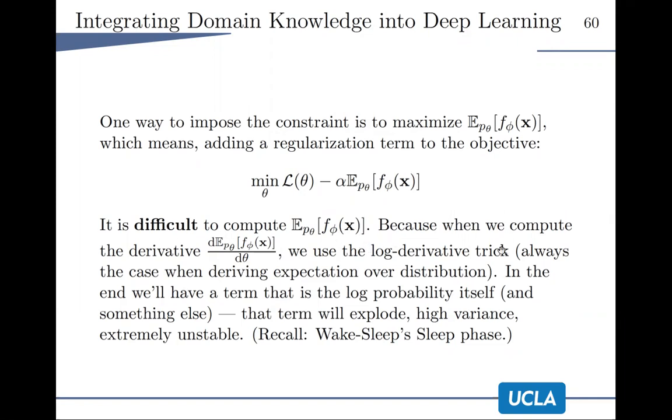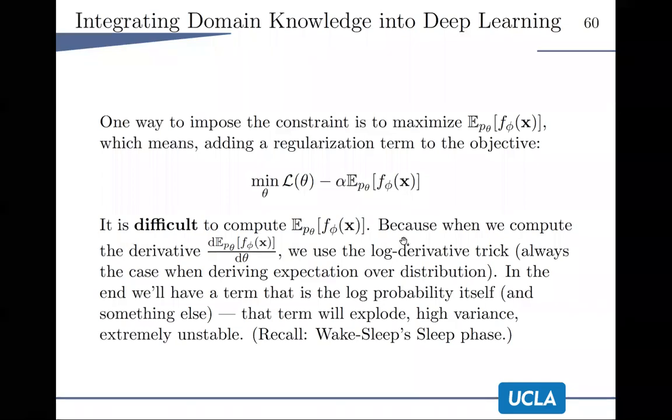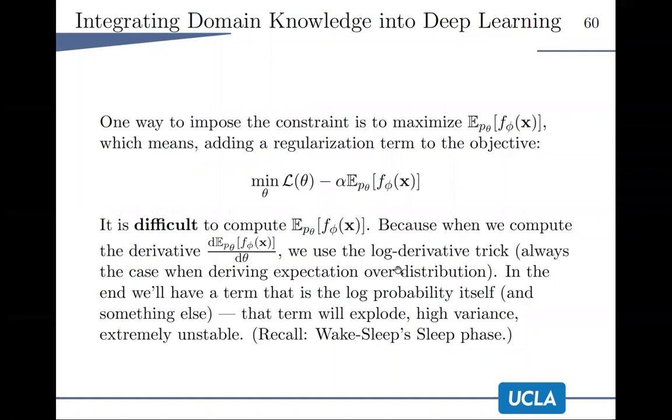This involves an explanation that comes later on why we need the log derivative trick all the time. It's not why we are trying to use the log derivative trick, it's why we suffer from high variance all the time.